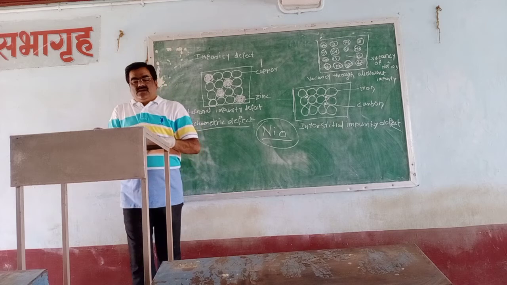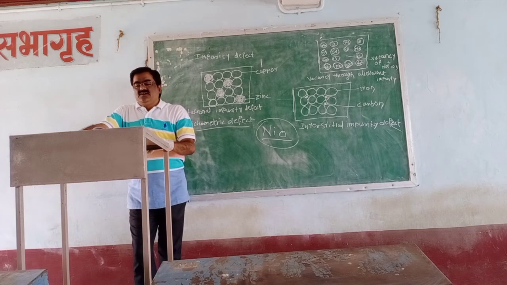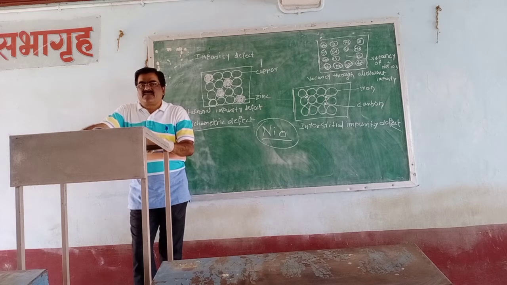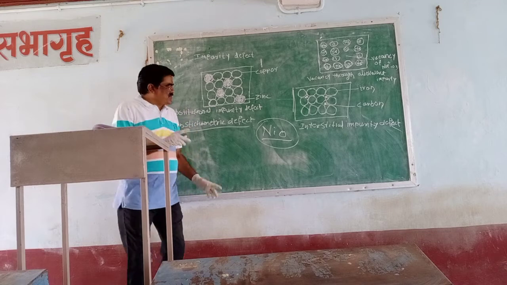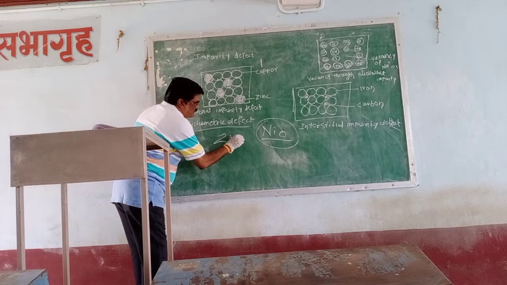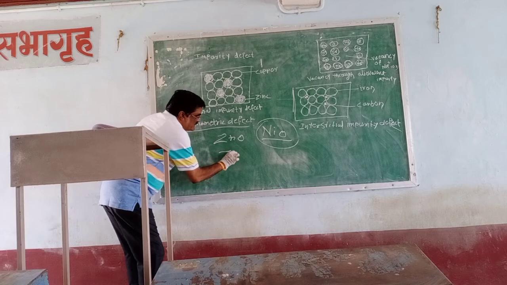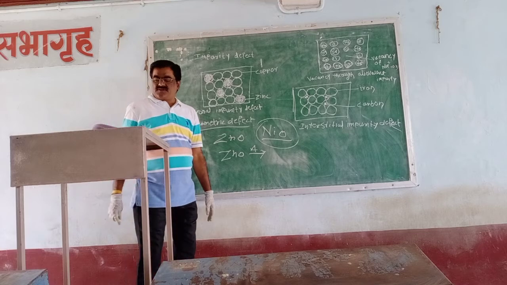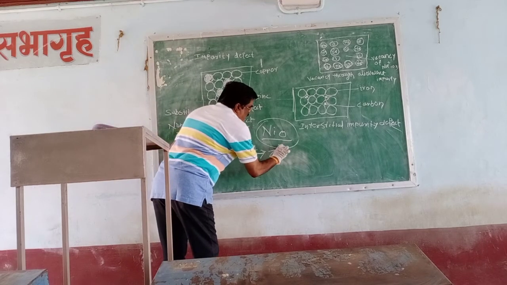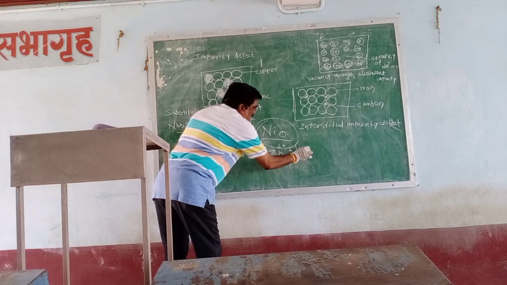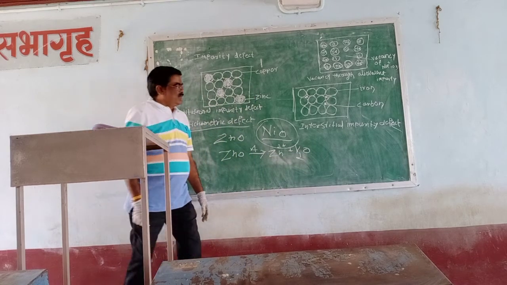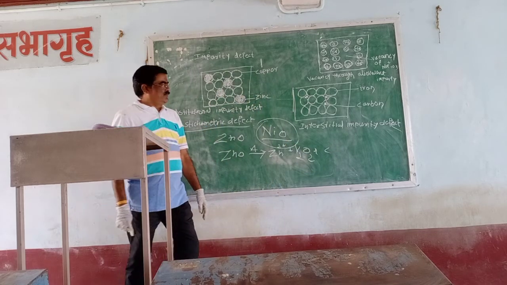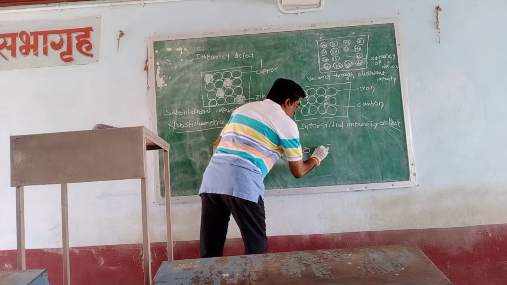And in the second case, when ZnO is heated, it decomposes. म्हणजे ज्यावेळेस हा ZnO, आणि या ZnO ला हीट दिल्यानंतर when it is heated it decomposes to Zn plus half O2, half oxygen, plus the electrons by moving the two electrons.